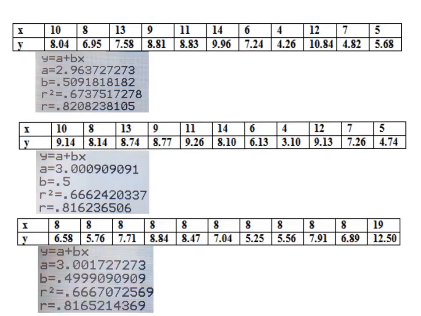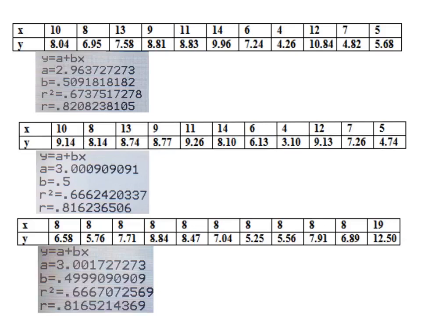Here we've got 3 plus 0.5x, here we've got 3 plus 0.5x, and here we've got 3 plus 0.5x. The correlation is 0.82, 0.82, and 0.82. And of course, our R-squared would be very similar, 0.67 as well.